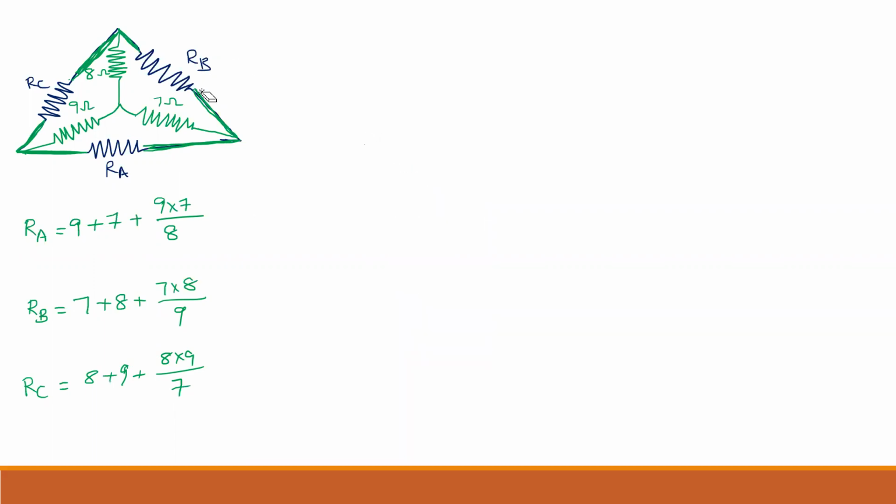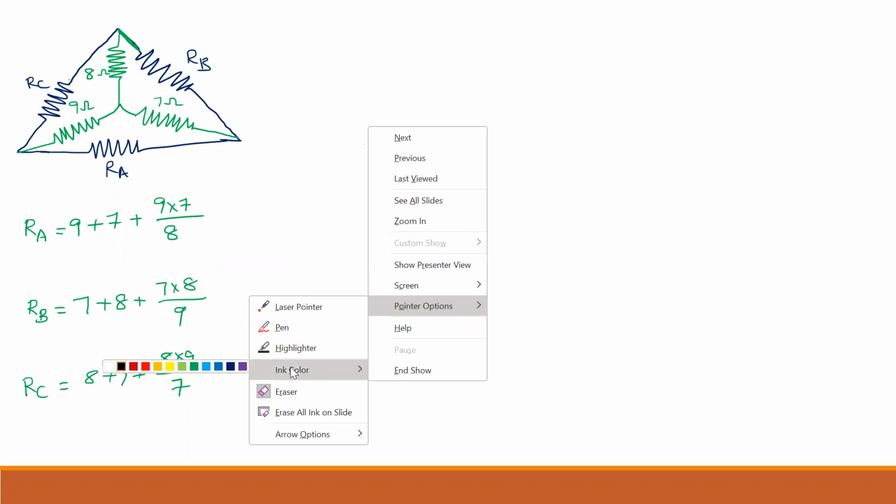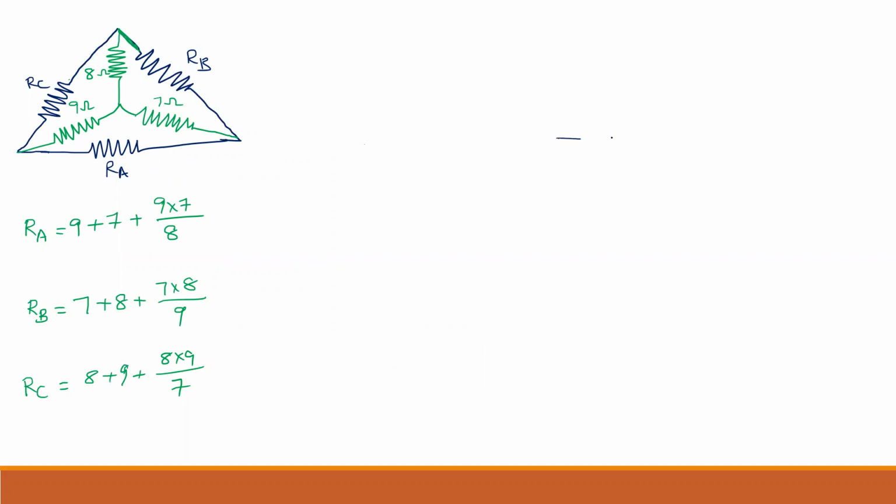Now similarly, if you draw with notations, now I want to calculate RA, RB, RC. This is RA, RB, and RC.